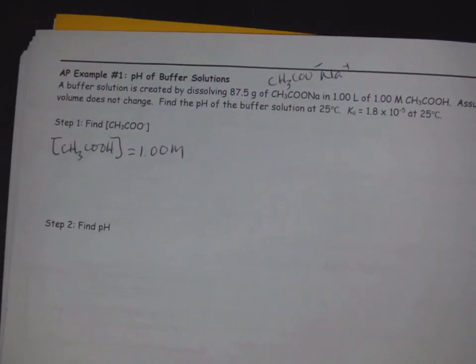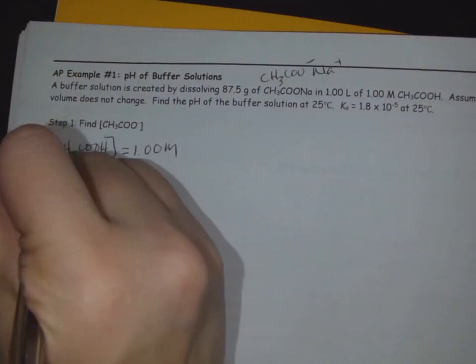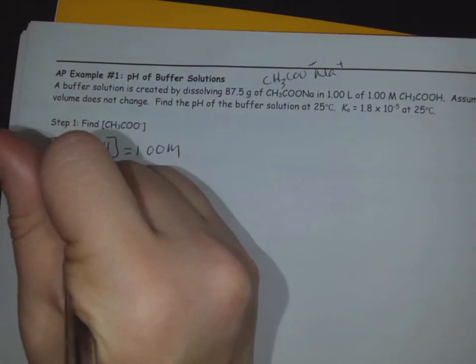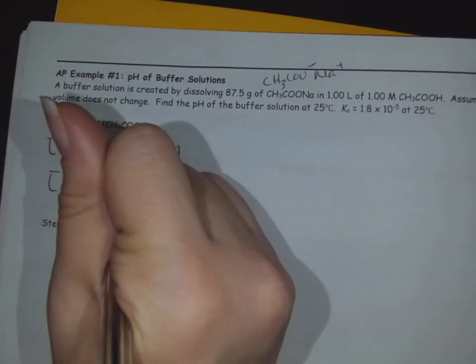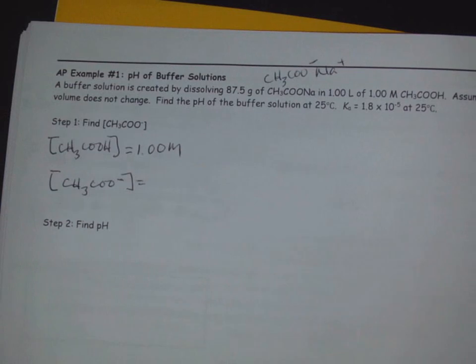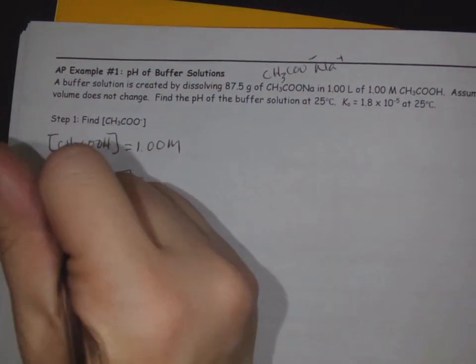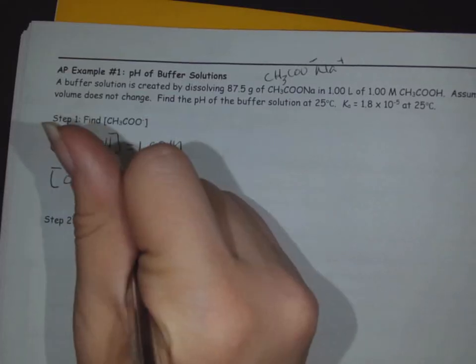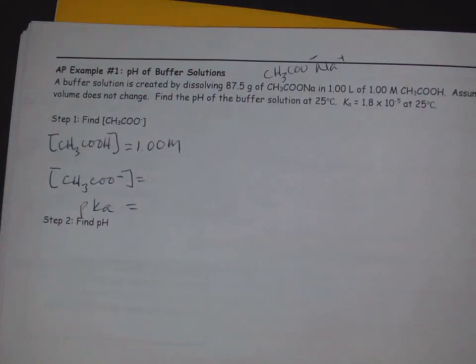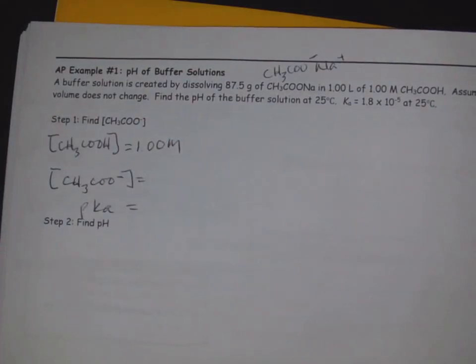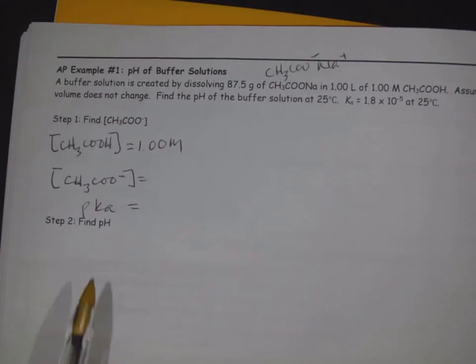We also need the concentration of the conjugate base, okay? And then we need the pKa. If we can get these items, then we're going to be able to solve for the pH using the Henderson-Hasselbalch equation.